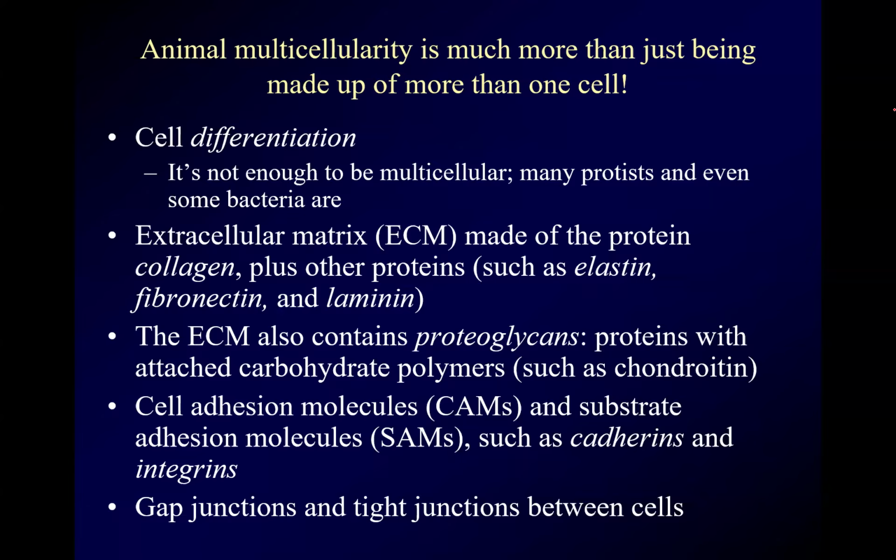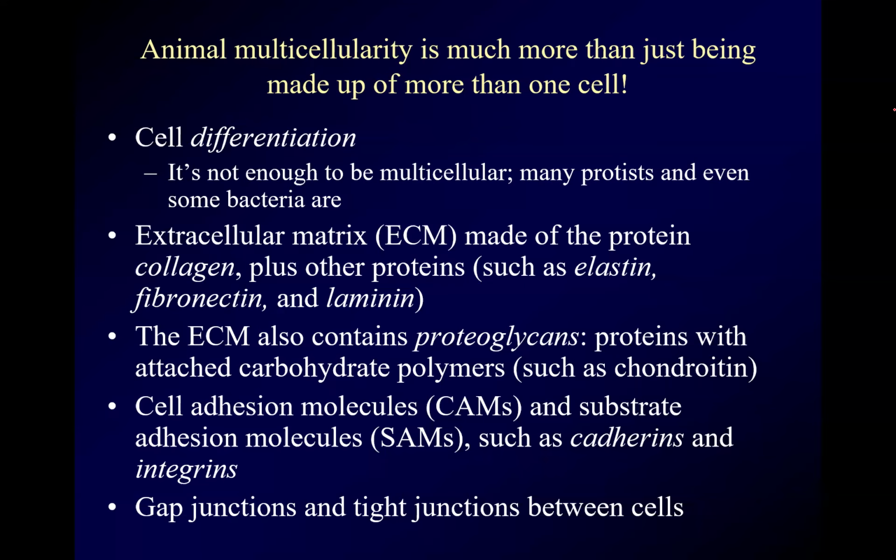There's actually multiple types of collagen. There's something like 30, and different types are used in different tissues in different conditions. But all animals are going to have their cells held together with an extracellular matrix.